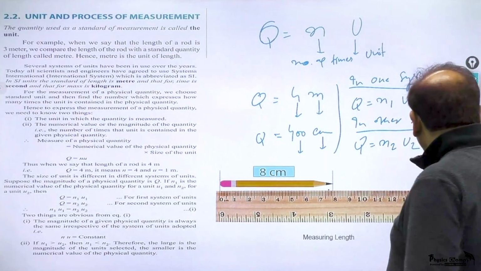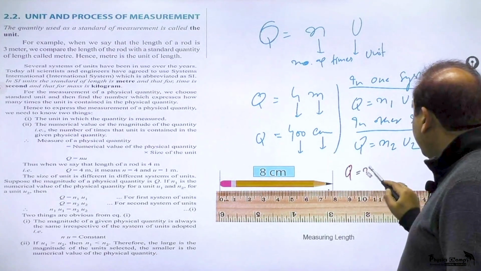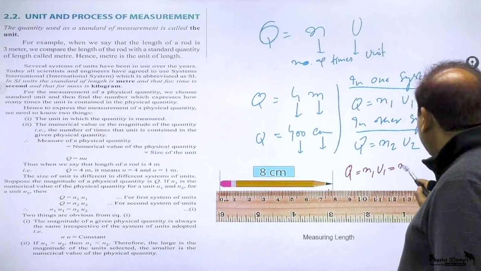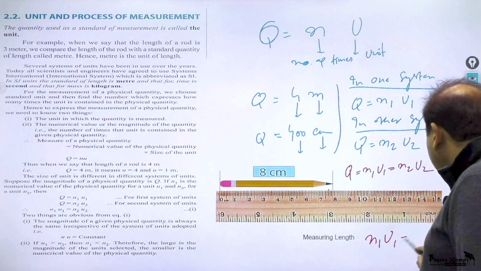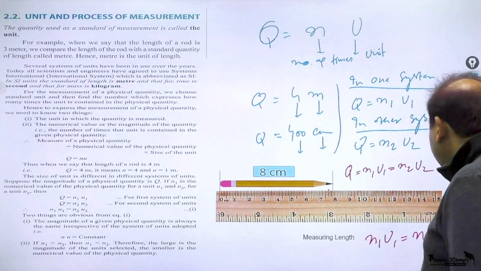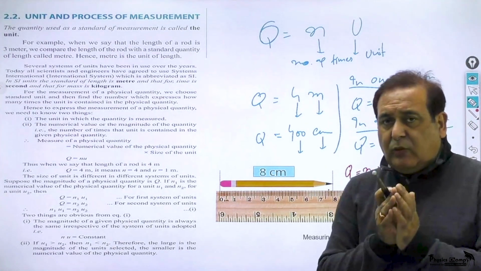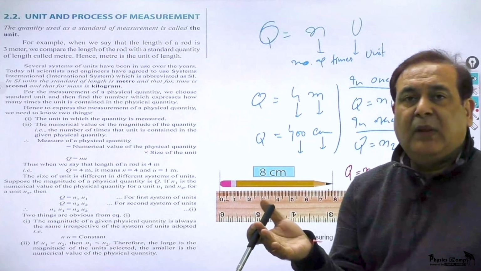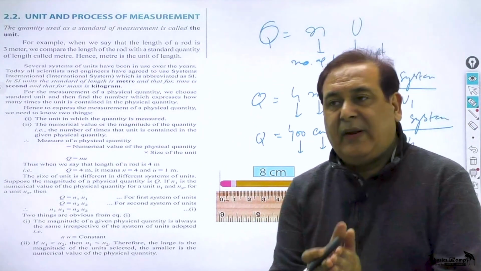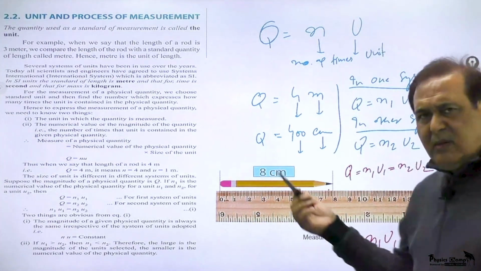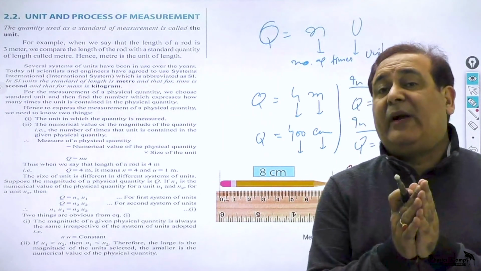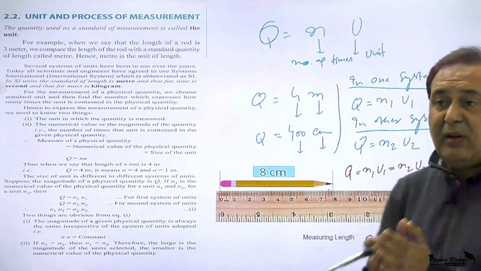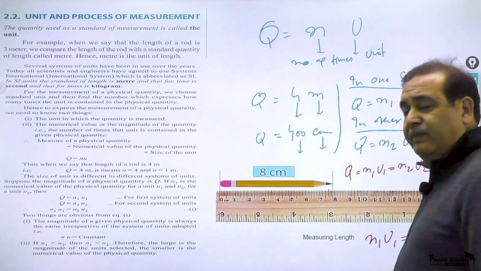The quantity remains the same, so N1 U1 is equal to N2 U2. If we are taking two different units to measure the same physical quantity, in two different units the numeric value will be different. Yes, the value of the quantity remains the same, the physical quantity remains the same.